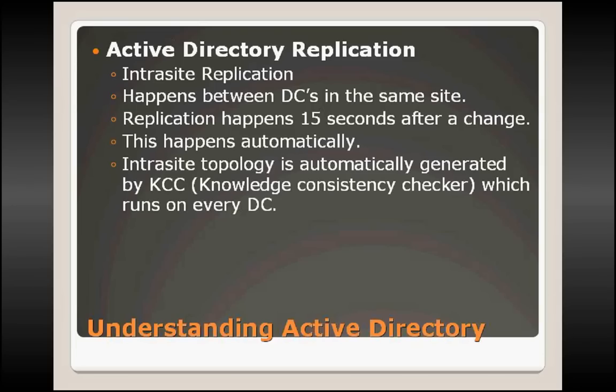You made a change. The change will go across to all the servers in about a minute in the same site. If you have so many servers, it will reach every server within a minute, because the replication happens every 15 seconds. And this replication happens automatically. You do not need to do anything; Active Directory does it automatically.